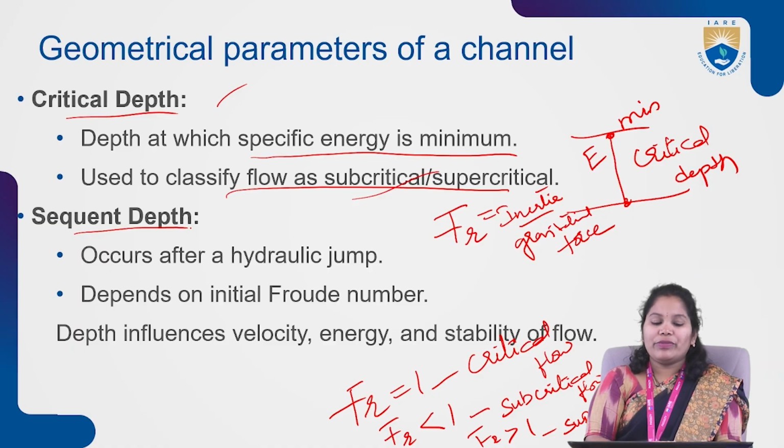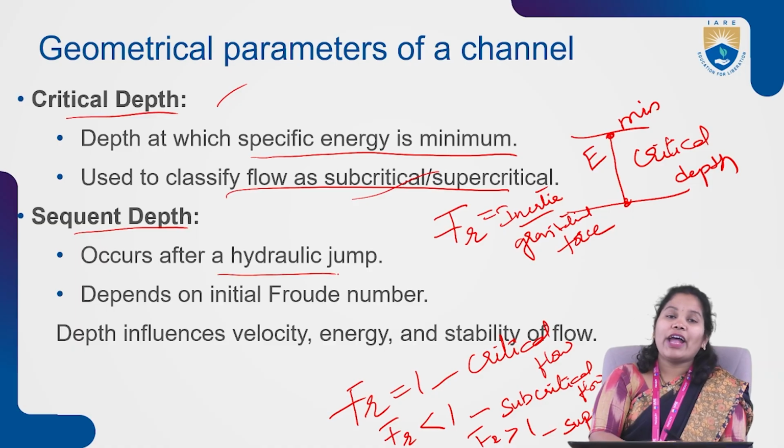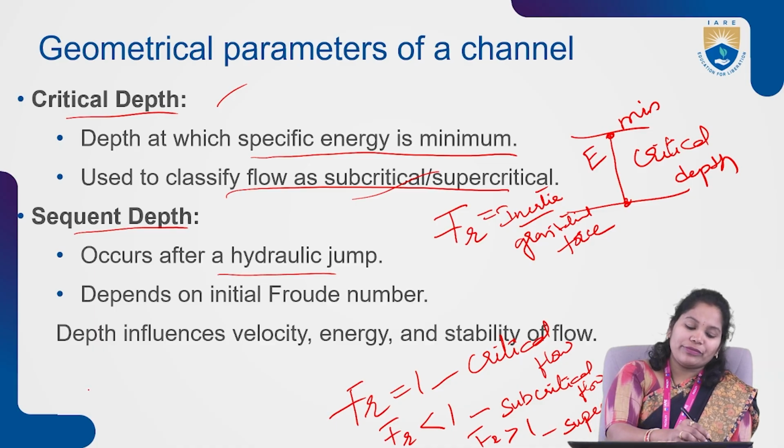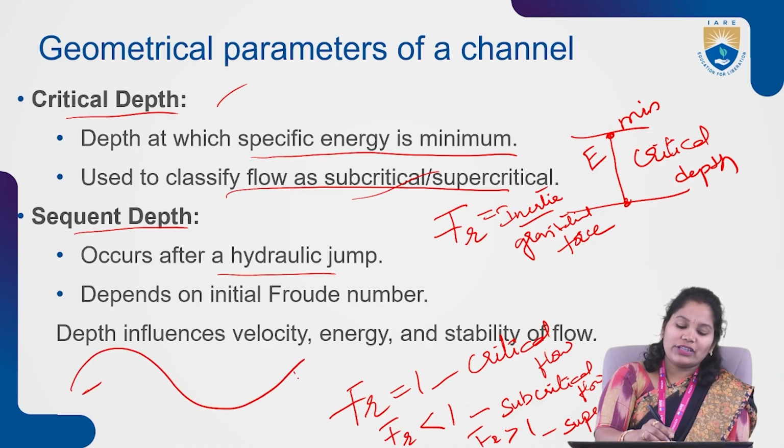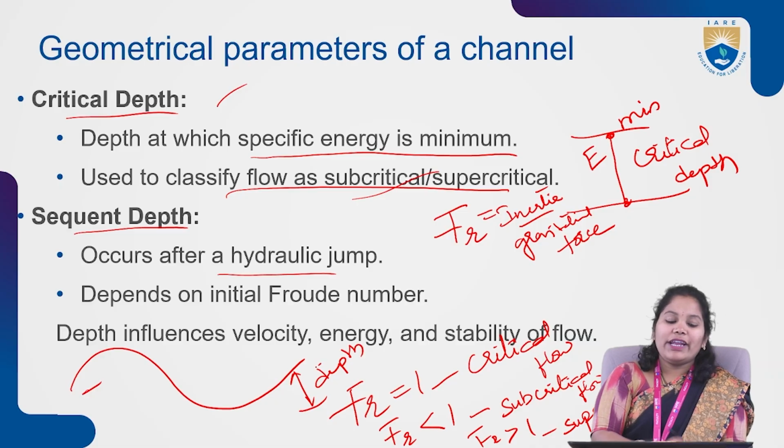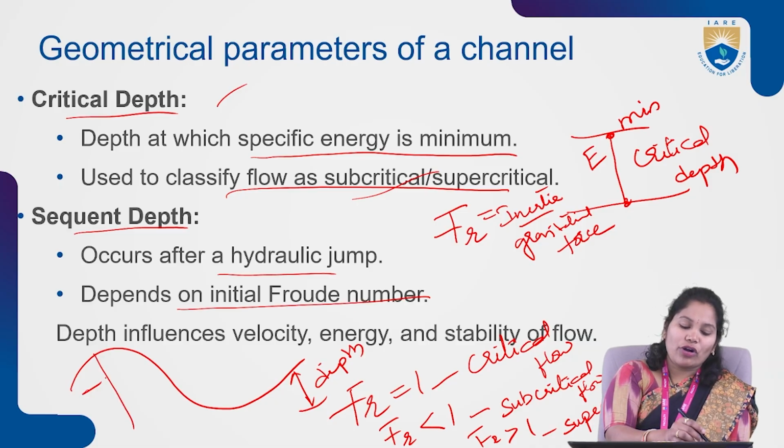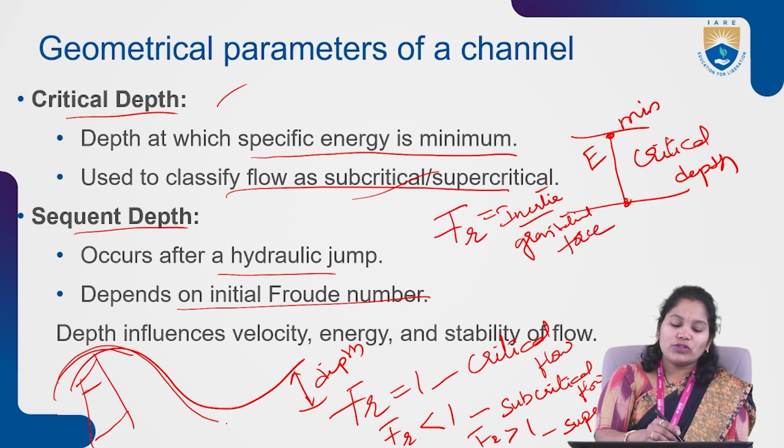Now, sequent depth. What is sequent depth? It is the depth that occurs after a hydraulic jump. It also depends upon your Froude number. If this is your dam, this is an obstacle, the flow will move from supercritical to subcritical.